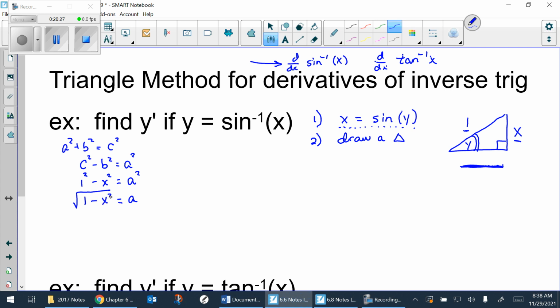So this side down here is the square root of 1 minus x squared. So I have drawn a triangle that represents the situation in step 1. And the third and final thing I'm going to do is take the derivative.